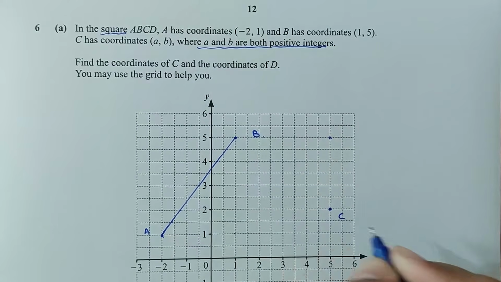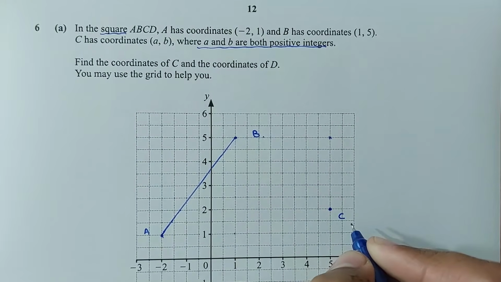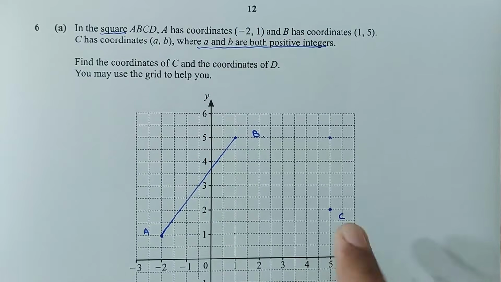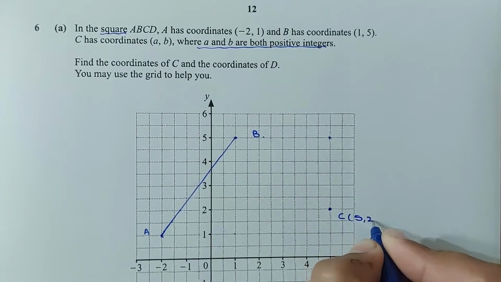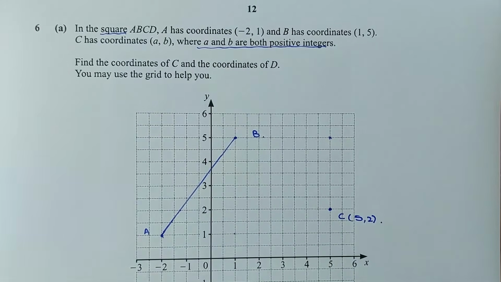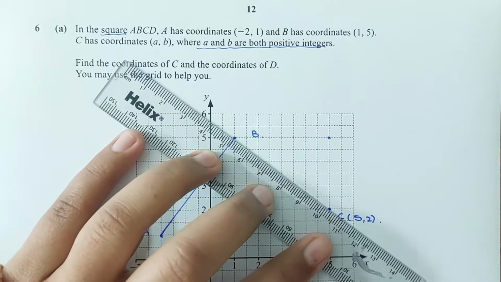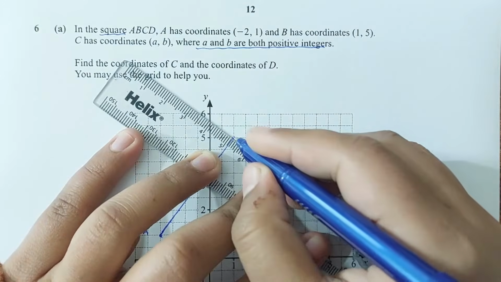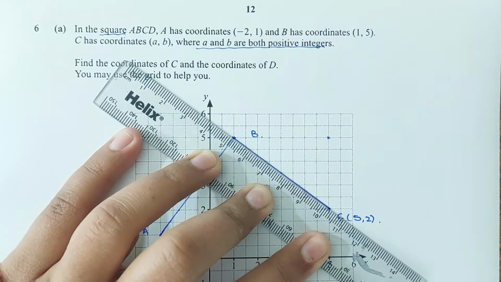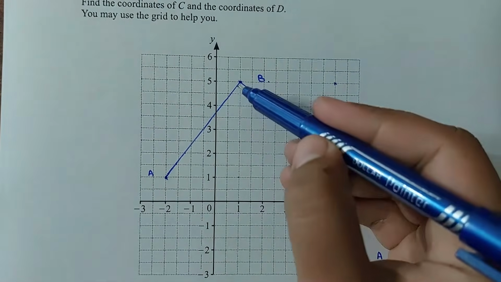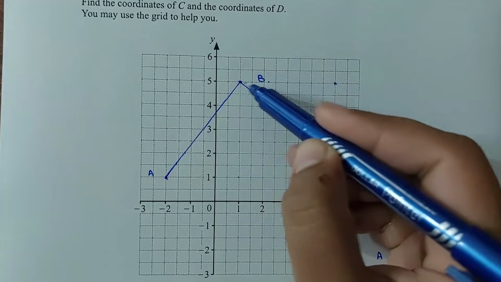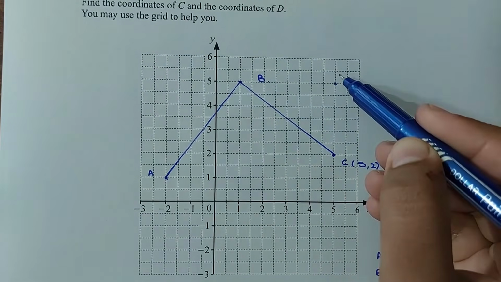So this is point C because for C, both coordinates should be positive, which is (5, 2). X is 5 and Y is 2, right? It should be a square, right? Okay, and there is some D. Same for D. This is 4 units down, so we have to move 4 units to the right, right?